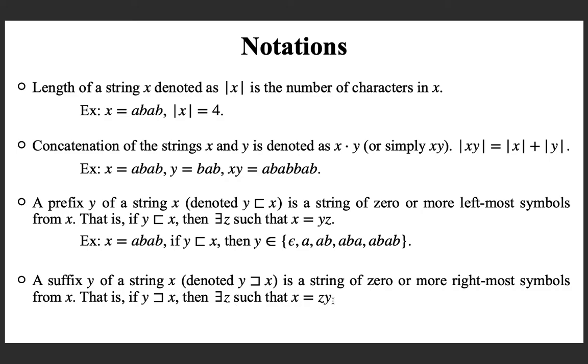Example, for the same input, which are the suffixes? 0 symbols from the right side is epsilon, 1 symbol is B, 2 symbols from the right is AB, 3 symbols is BAB, and 4 symbols is ABAB. So, these are some basic concepts and notations that we need for our algorithm.